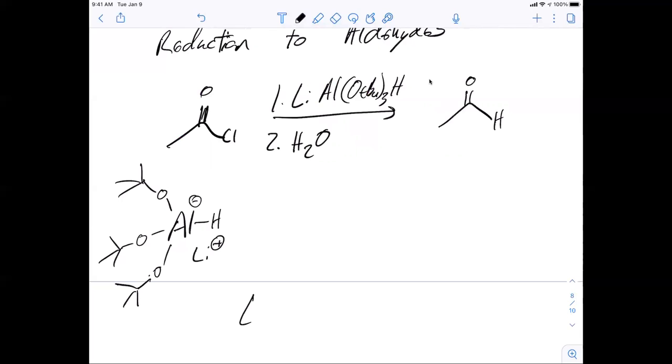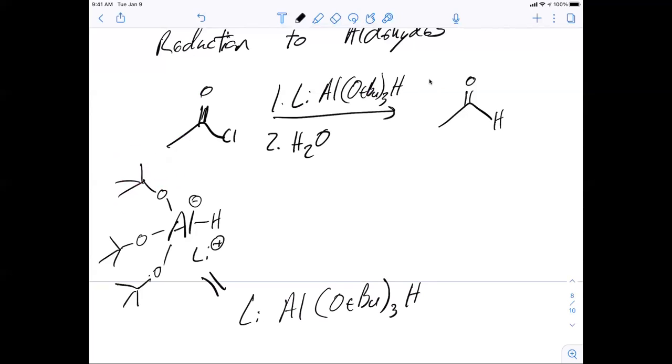Oh, okay. Yeah, it's lithium, aluminum, and then t-butoxide. So if we look here, right, the t-butoxide, so oxygen and then the t-Bu, and then 3 of those, and then a hydride.